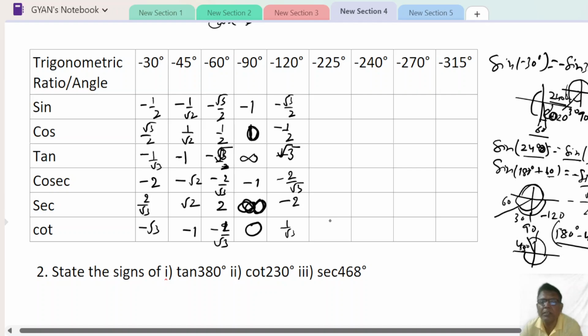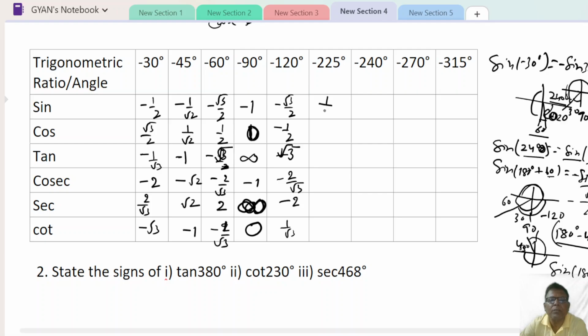For this, 180 degree minus 45, same formula. So sine 180 degree minus 45 is sine 45. So sine 45 is positive. So sine 45 is 1 by root 2. Cos negative, minus 1 by root 2. Tan negative. Then the reciprocal of this is root 2. Reciprocal of this is minus root 2. The reciprocal of this is minus 1.